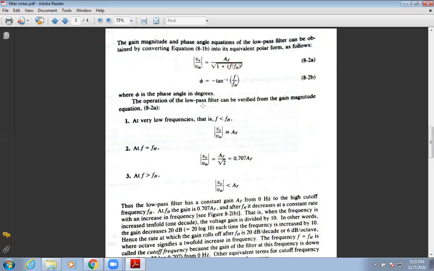The operation of the low pass filter can be verified from the gain magnitude equation 8.2a, this one.